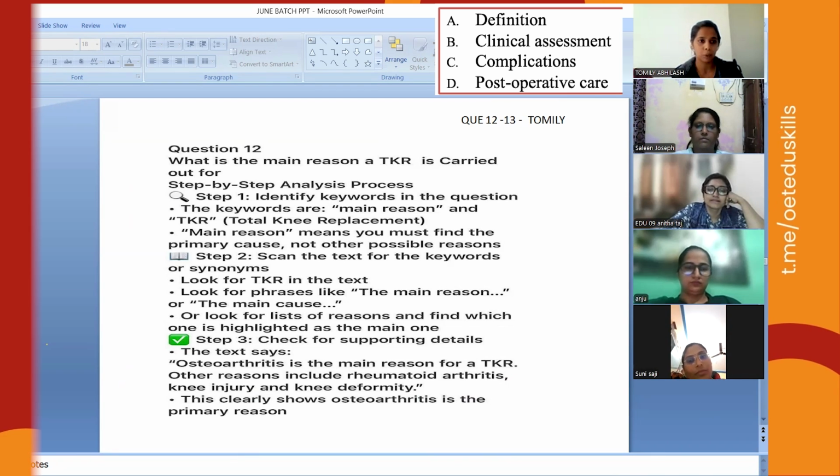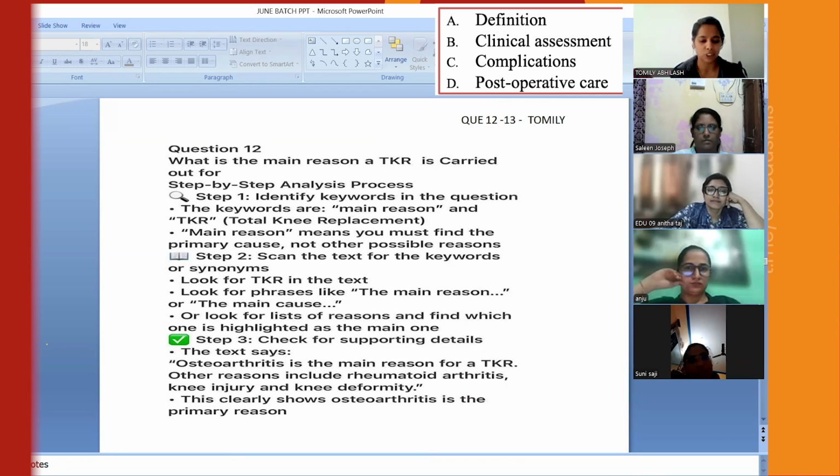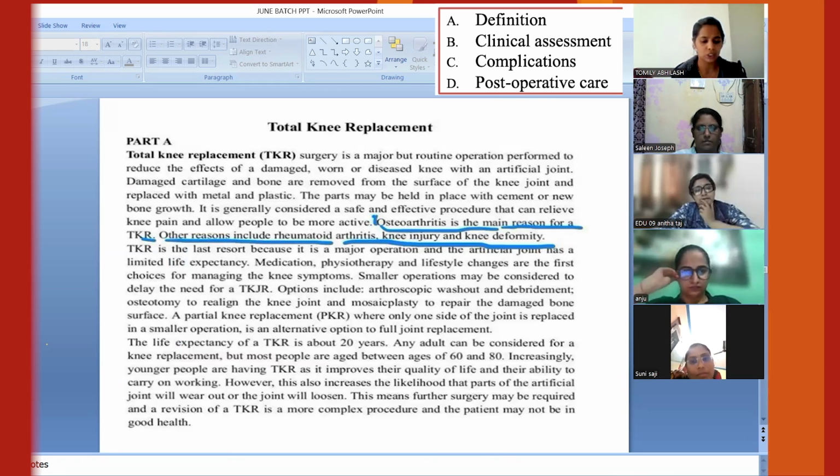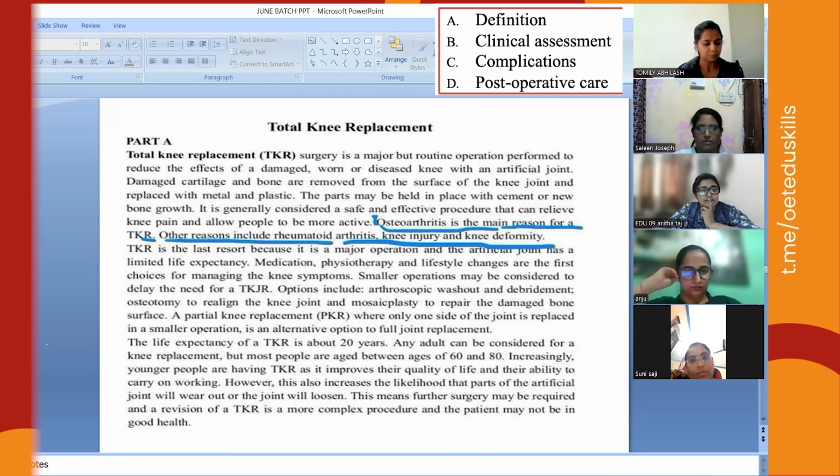Through the first passage, we already marked the main reason and TKR. So we can easily find out osteoarthritis is the main reason for a TKR. Other reasons include rheumatoid arthritis, knee injury, and knee deformity. So the answer is osteoarthritis.